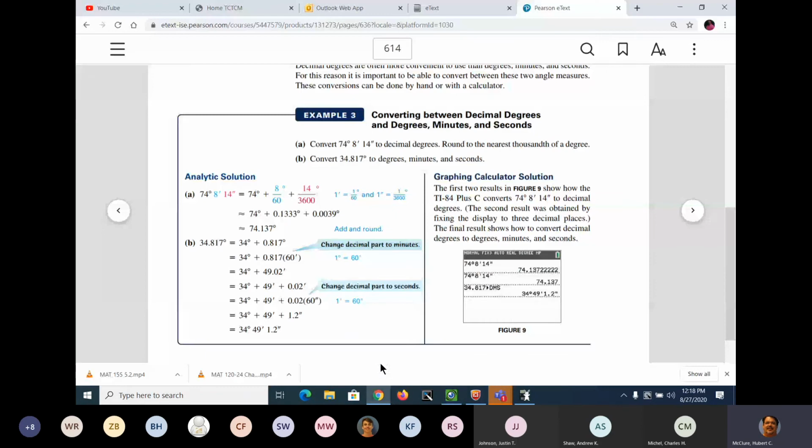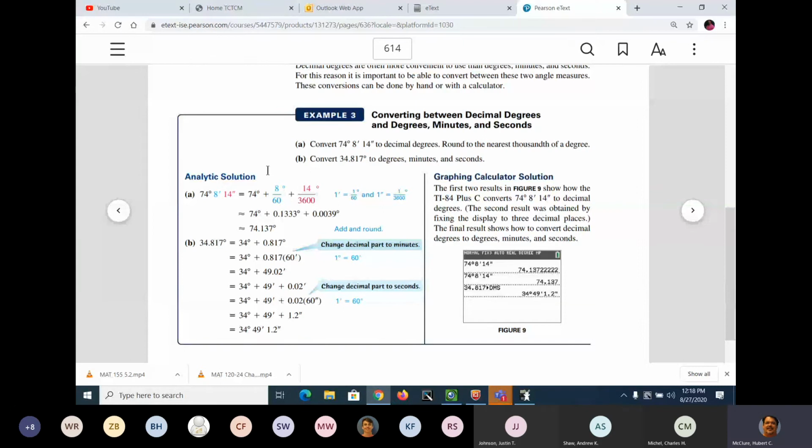Okay, so here it is. You've got degrees, minutes, and seconds right here. It says turn to decimal degrees. What do you do? Well, you put the 14 over 3,600 and then 8 over 60. That's it. That's all you do.